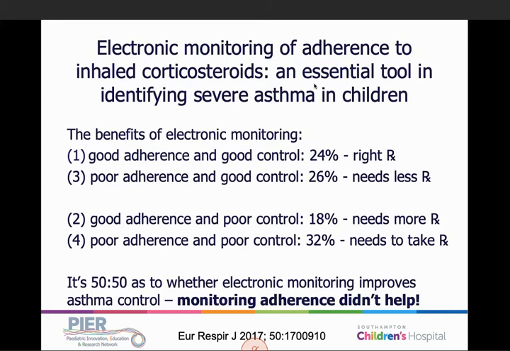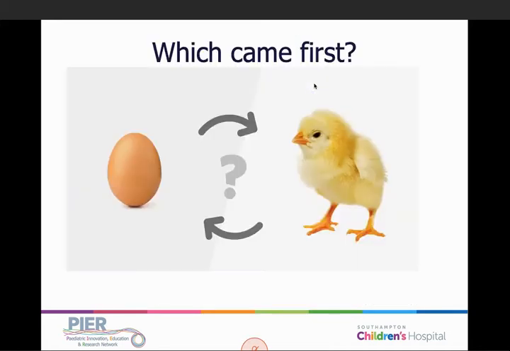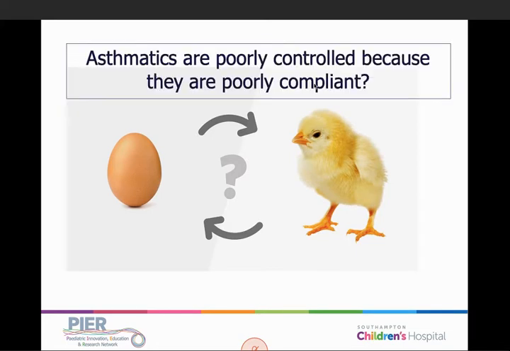So what's going on here? There's potentially a bit of a chicken and an egg situation about the relationship between the adherence and the control of the asthma, whether or not it's difficult to treat. So the conventional view of this is that the asthmatics are poorly controlled because they are poorly compliant. They're not taking their medication to treat their asthma until their asthma is not controlled.